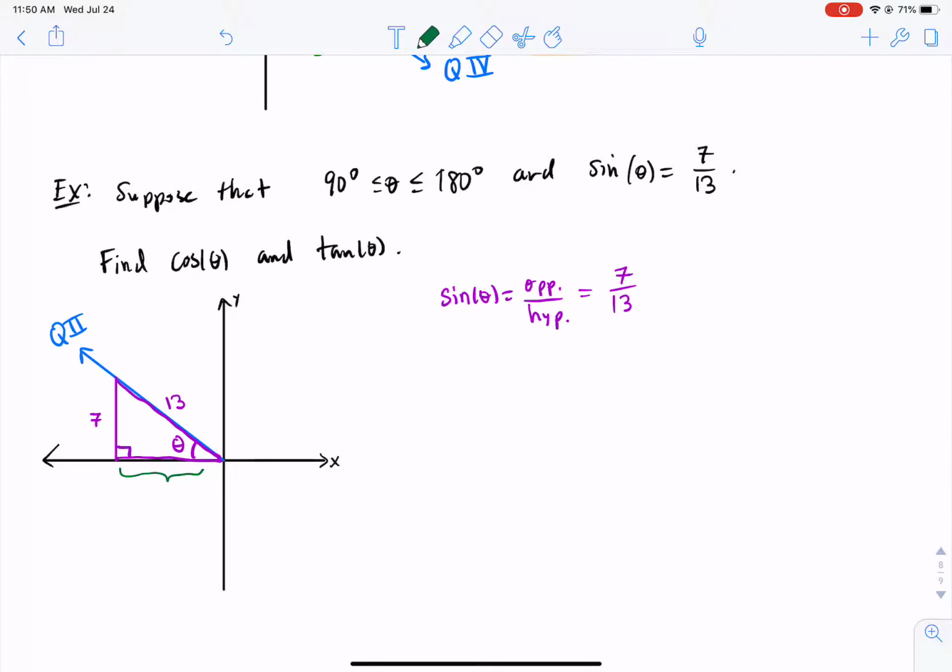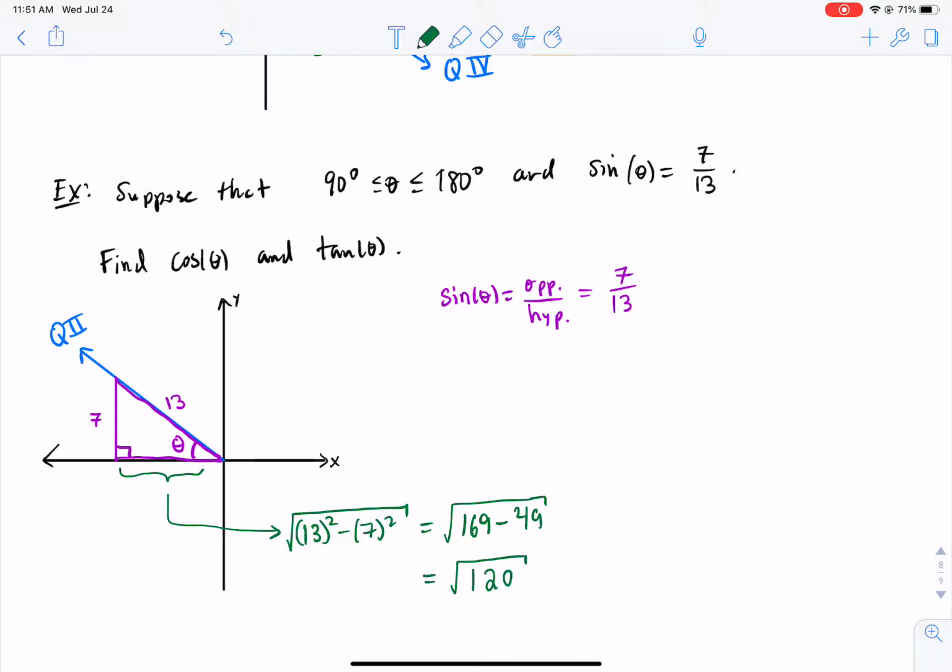How do we figure out the bottom part, the x component here? We use the Pythagorean theorem for that. So that is going to be the square root of 13 squared minus 7 squared. 13 squared is 169 minus 49. And that's just going to give you the square root of 120.